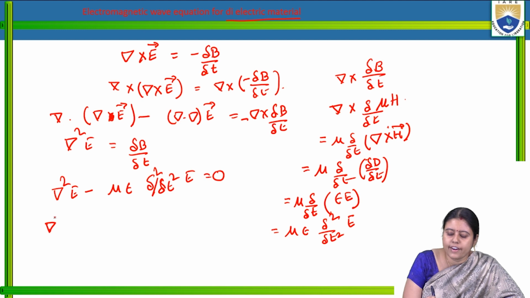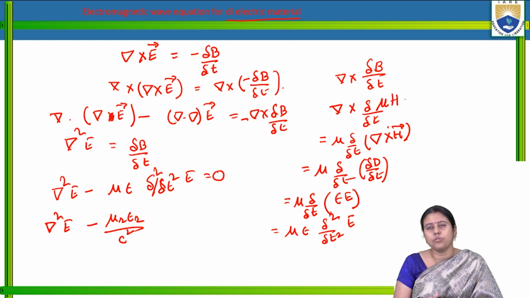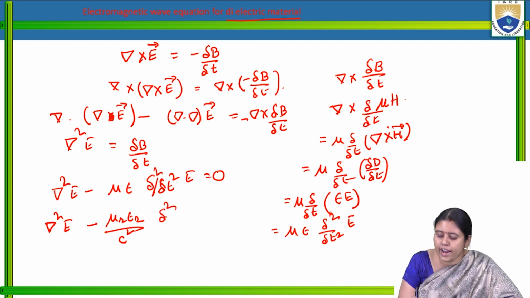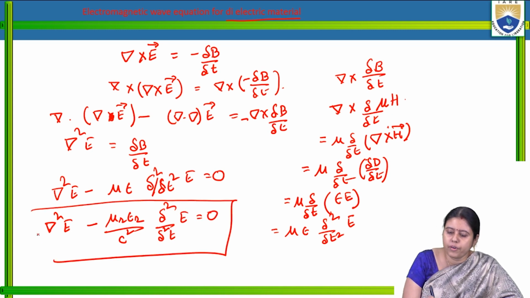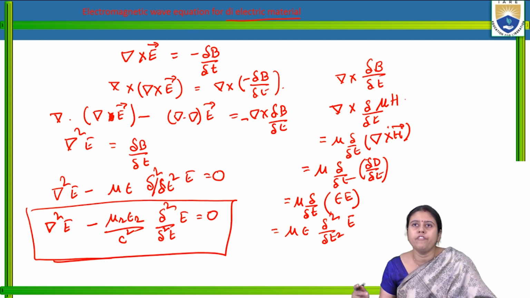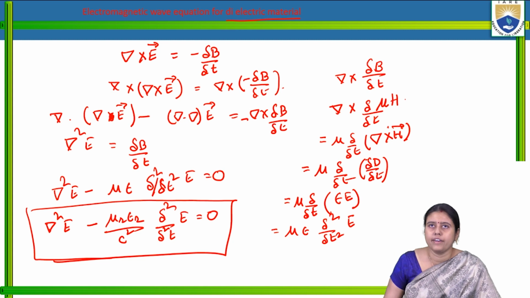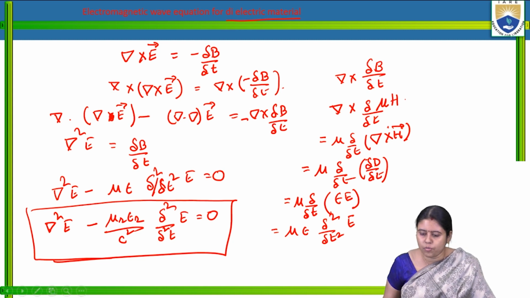And also we can write grad square E minus mu r epsilon r by c square, because mu naught epsilon naught is equal to 1 by c square, times delta square by delta T square of E is equal to 0. So this is the wave equation of the electromagnetic wave for the dielectric material. So already we got these three equations.